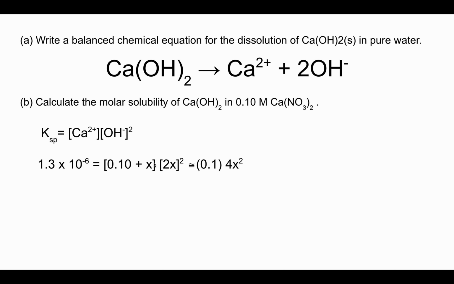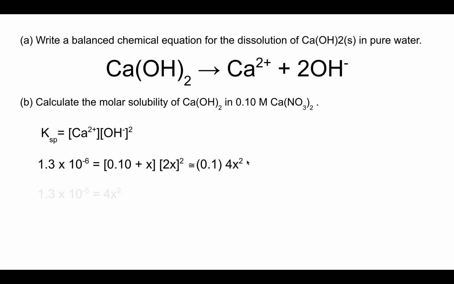You just cancel this x out because it's much smaller than the 0.1 here, so it's really not going to matter in the end in the math. So we're just going to get rid of that x, and that leaves us with approximately 0.1 times 4x squared. Here we just went ahead and squared the 2 so we could remove the brackets, and we left the squared on the x term.